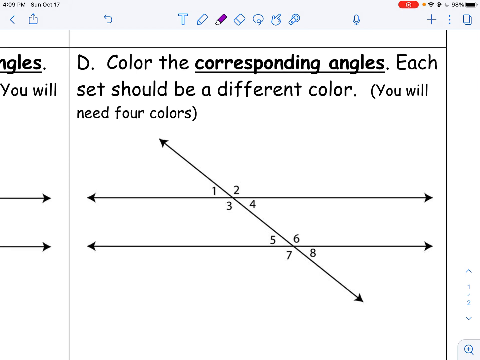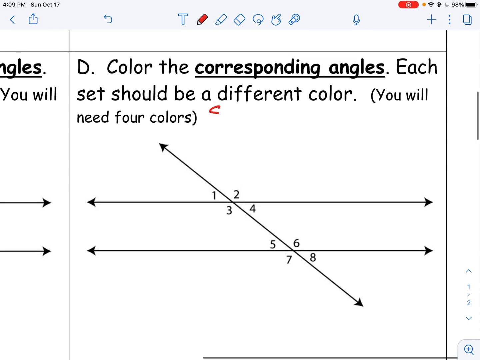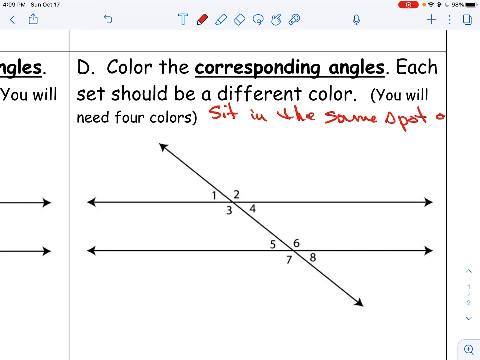Corresponding. Okay, corresponding means they sit in the same spot on different lines.